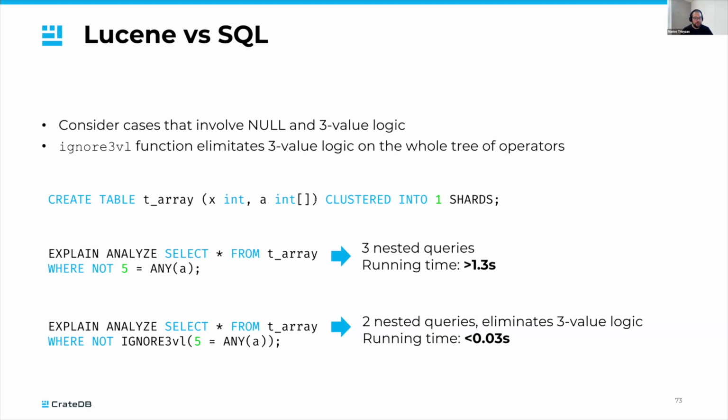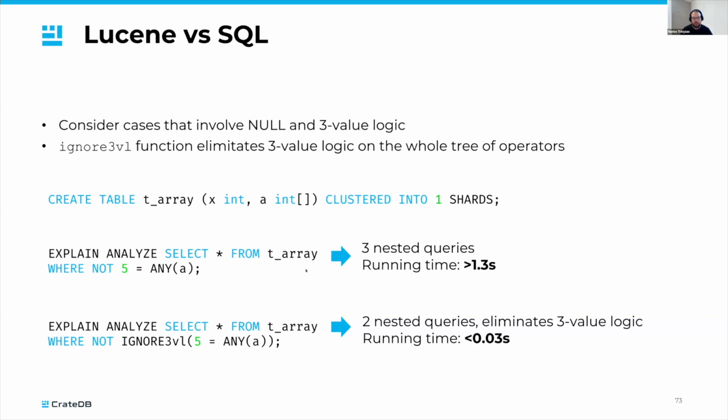And since Lucene cannot handle this correctly, in order to be able to execute them in a compatible way for SQL and handle the three-value logic and the null handling, CrateDB uses some built-in functions to do that, but that comes at a cost because it doesn't use Lucene indices anymore.